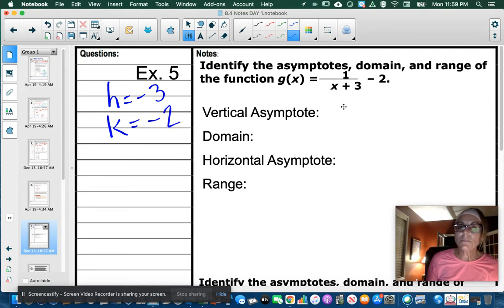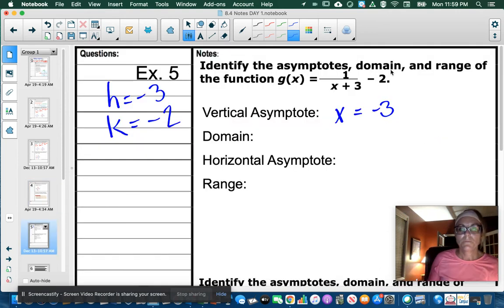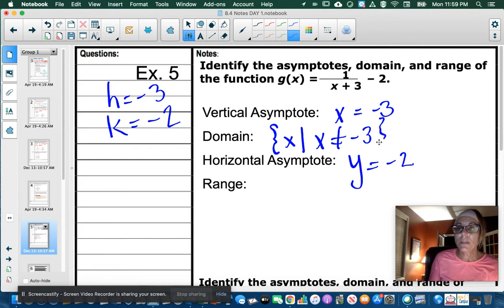The vertical asymptote is going to be x equals -3. That is h. And the horizontal asymptote is your k value. So the horizontal asymptote then will be y equals -2. The domain is going to be all x such that x cannot equal -3. And the range is going to be all y such that y cannot equal -2.